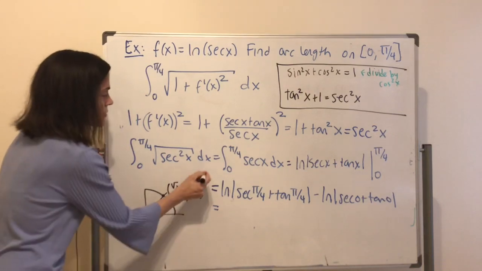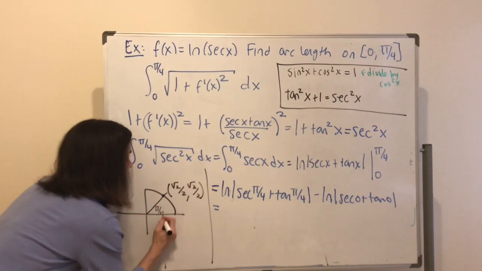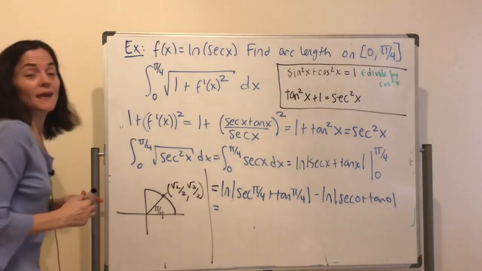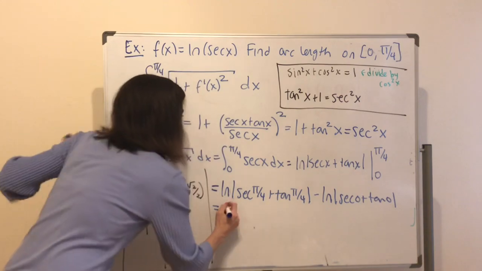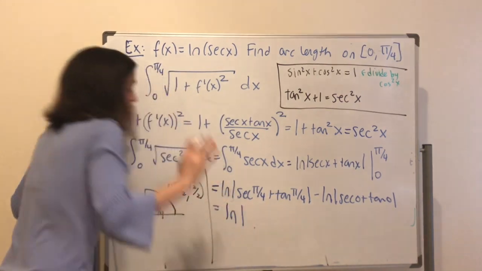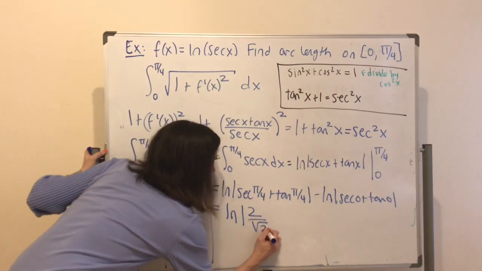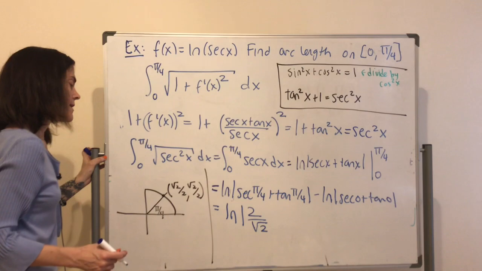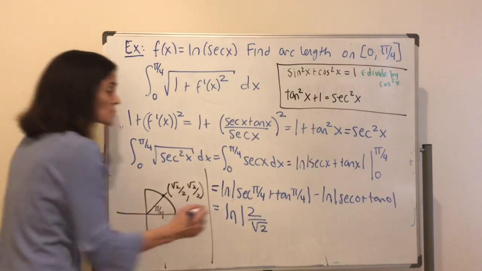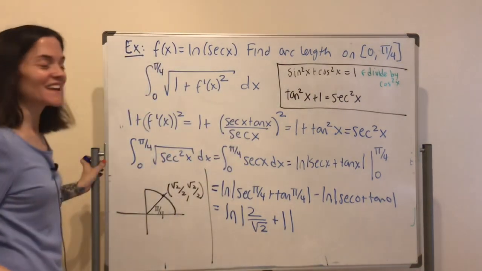This is for the angle pi over 4. Which means secant, which is 1 over cosine, is 2 over square root of 2, which you could simplify if you wanted, although it's fine like that. And the tangent is 1. Sine and cosine are equal.